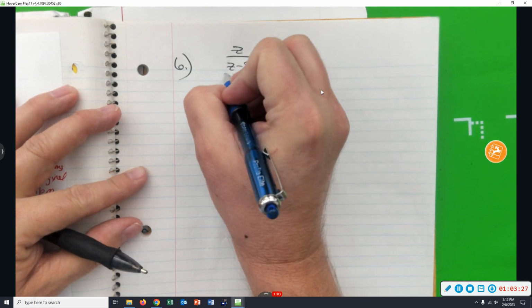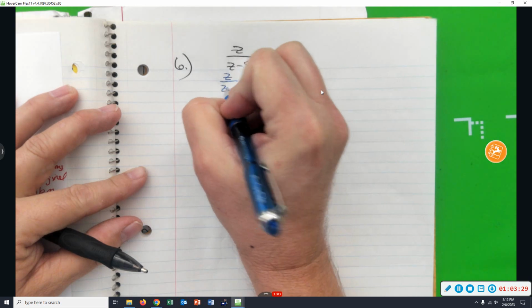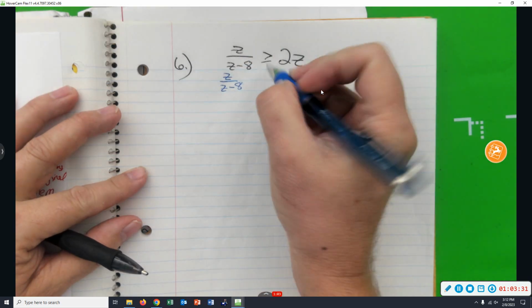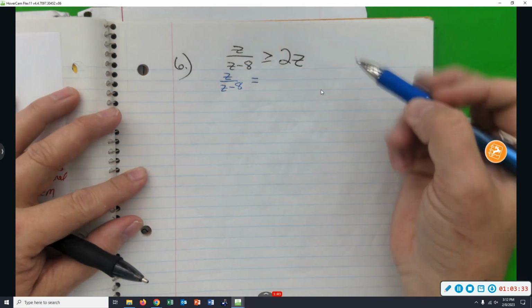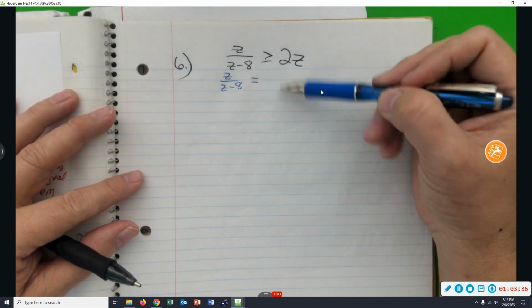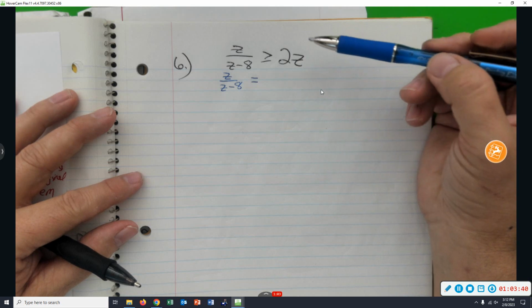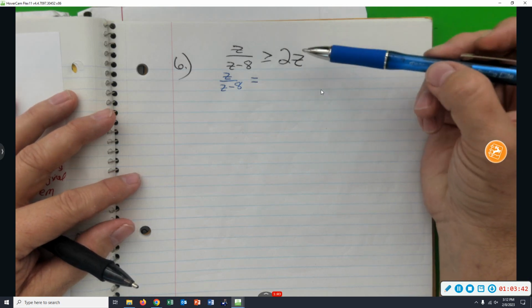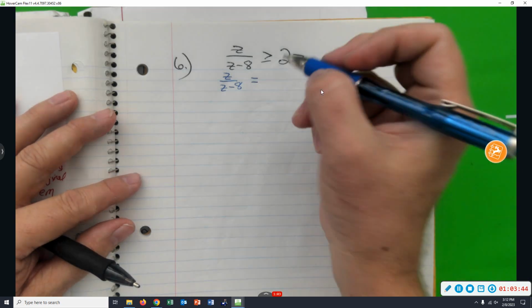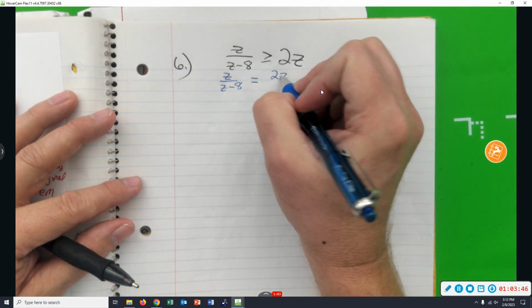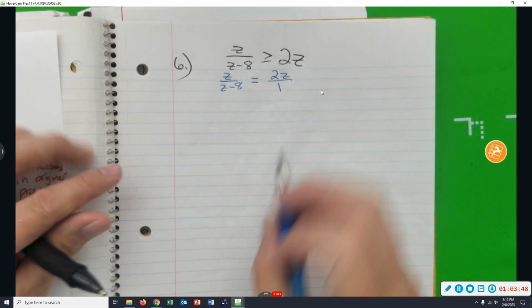Replace the greater than or equal to with an equal. And I think I'm going to use cross multiplication again just to illustrate it. This is a really good problem to cross multiply. But I'm going to have to rewrite that 2z as 2z over 1.